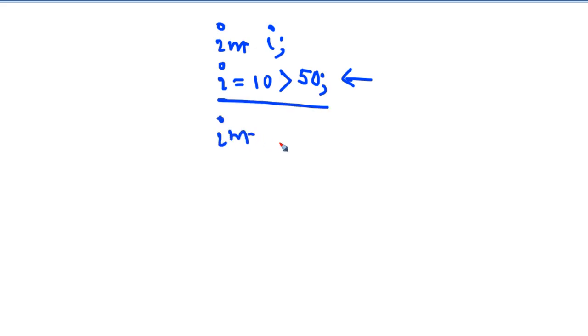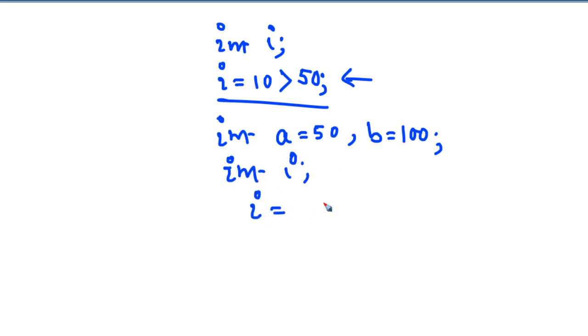Let me give you some other examples. Say we have a variable A that's initialized with 50 and B that is initialized with 100, and I am having some other variable I, and I am doing something like this: I is equal to A equals to B. Now this equals to operator tests whether the operands on both sides are equal or not.